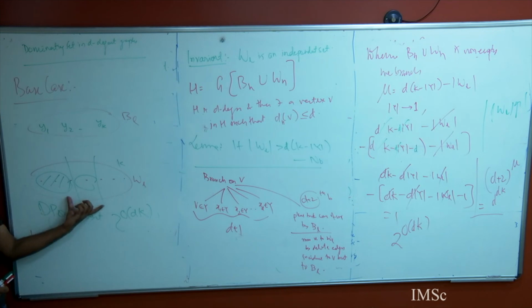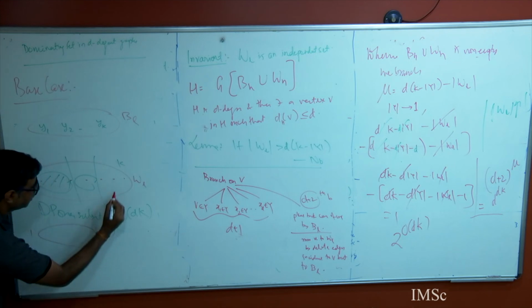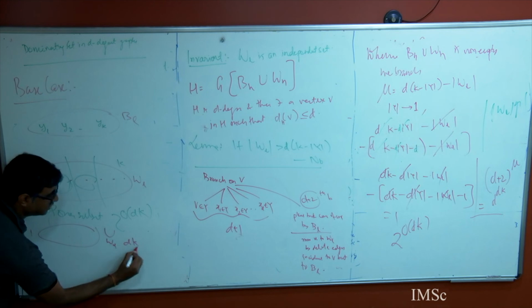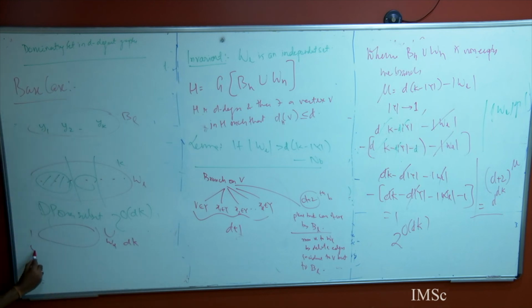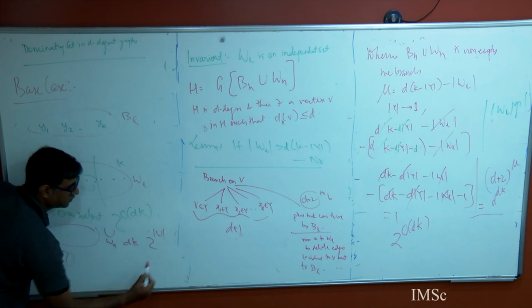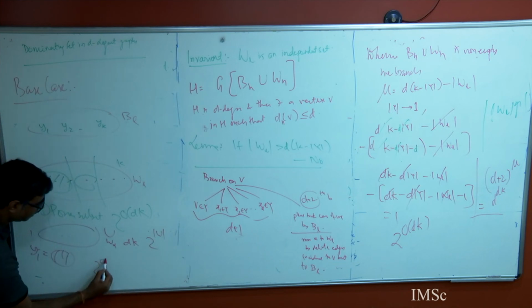So don't you know the 2 to the power n algorithm for set cover? My universe is WL, which is of size dk, and for every yi, I write the set of guys which he dominates. Now you can do set cover in 2 to the power universe size, so a 2 to the power dk algorithm.